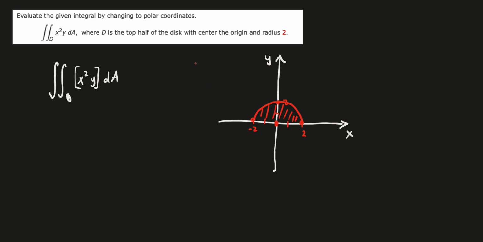The surface might go through all of these different regions, but we're only thinking about this specific semicircle region, and we're finding the volume above this region and below the surface. That's the problem. Okay, so how do we find the region?